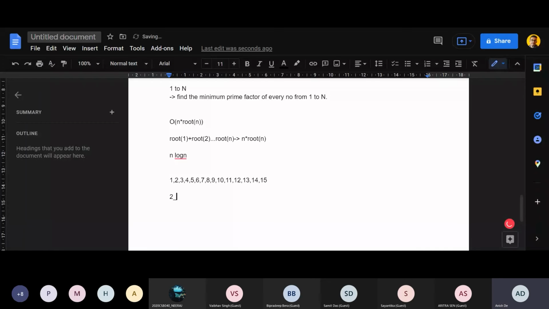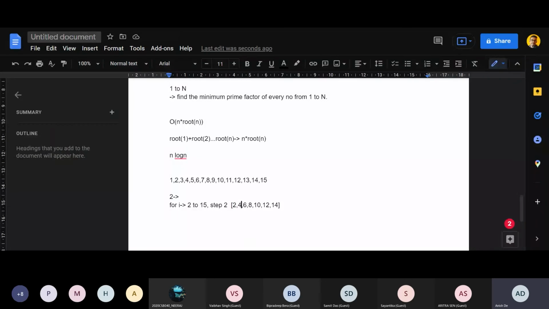The iteration will start from 2, end at n, which is 15 here, and the step will be 2, because 2 divides 2, 4, 6, 8, 10, 12, 14. See that the difference between 2 and 4 is 2.